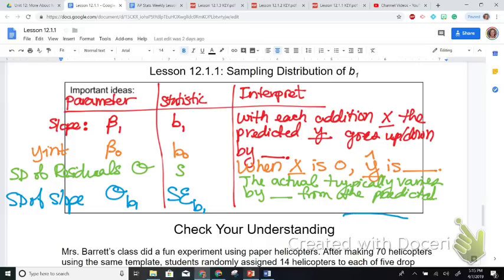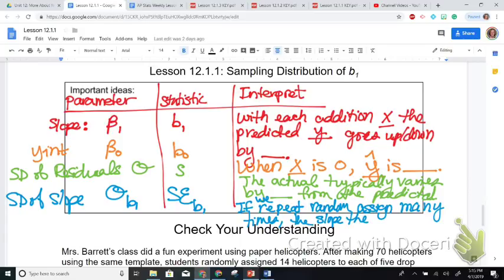And our interpretation is that if we repeated the random sample or assignment many, many times, the slope typically varies by whatever your standard deviation of the slope is from the true slope.